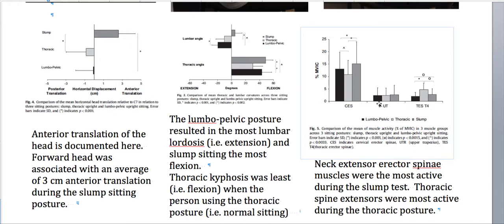Finally, we look at EMG, and this is the percent MVIC for the neck extensor muscles, upper trapezius, and then the thoracic spine erector spinae muscles. We can see that for the extended position or the thoracic position, they were relatively small, around 10 or 15%. And in this study, there's only a slight increase in EMG with the slump sitting position.